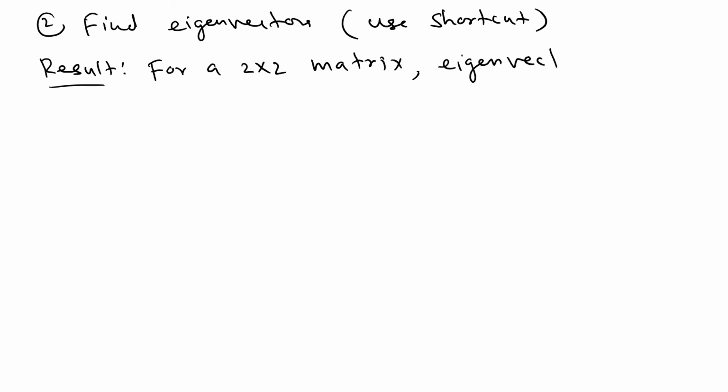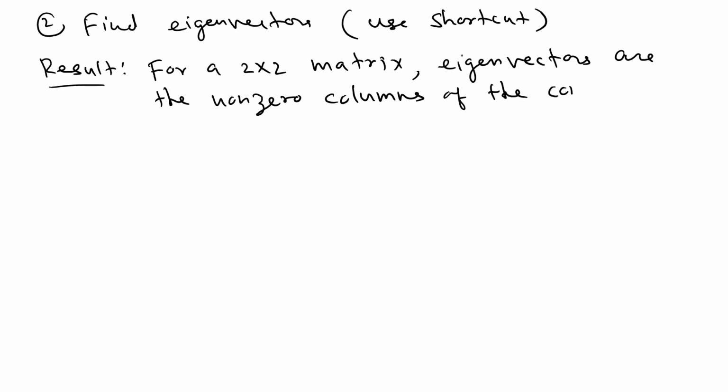For a 2 by 2 matrix, eigenvectors are the non-zero columns of the complementary eigenmatrix.